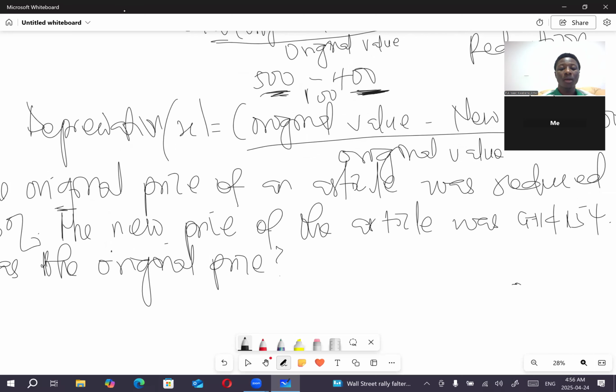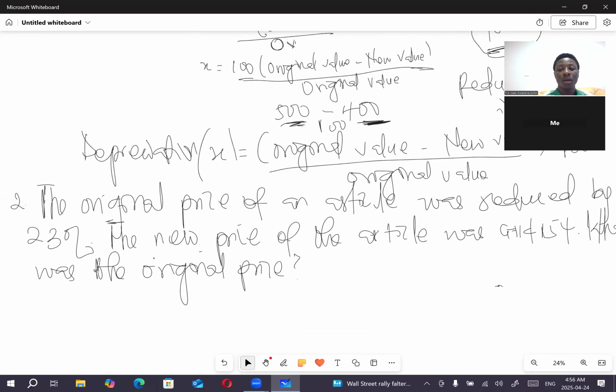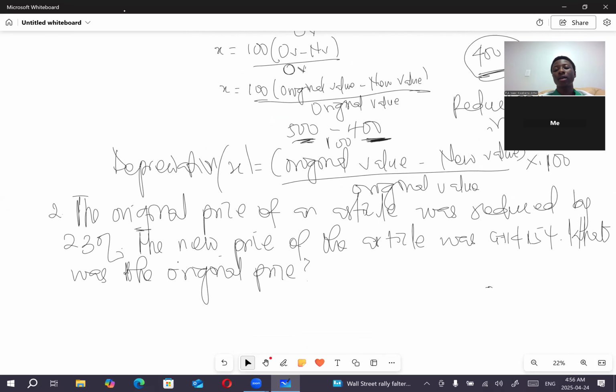The new price of the article was 154 Ghana cedis. What was the original price?